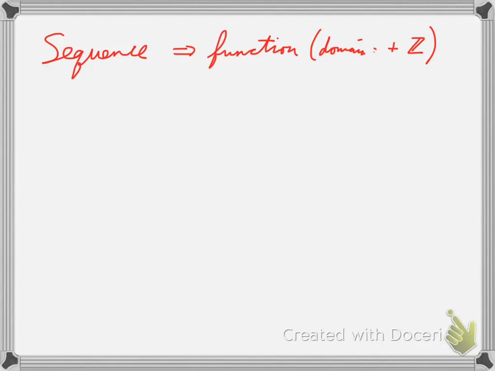Or I guess I could write it like you would if you were to go to a college course, where you'd have the Z plus in the corner. So, instead of using function notation, where I do f of x, sequences are usually written using subscript notation.